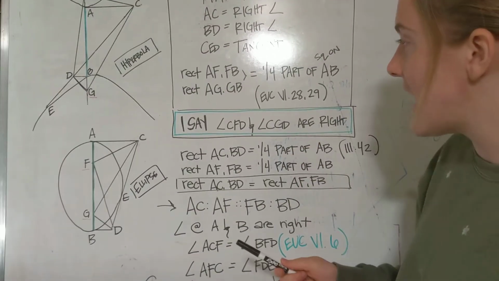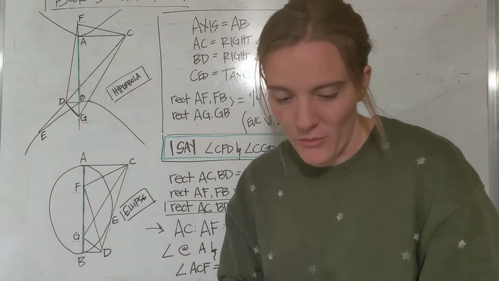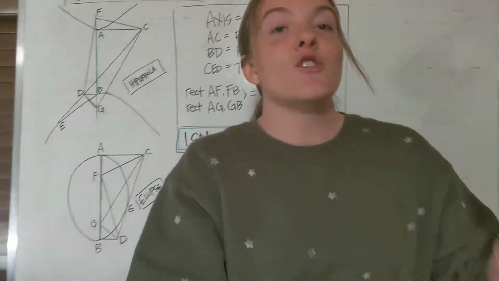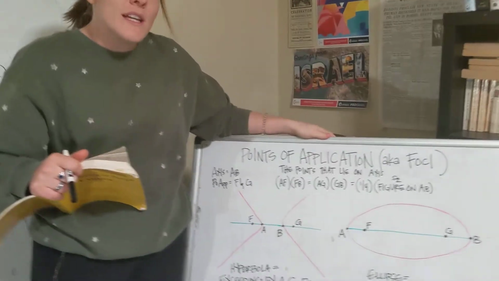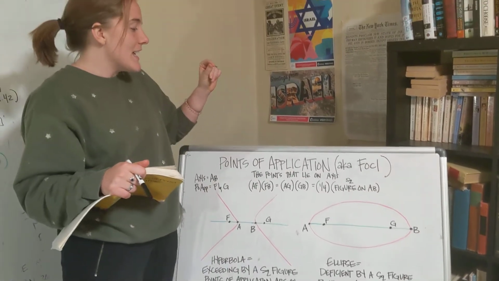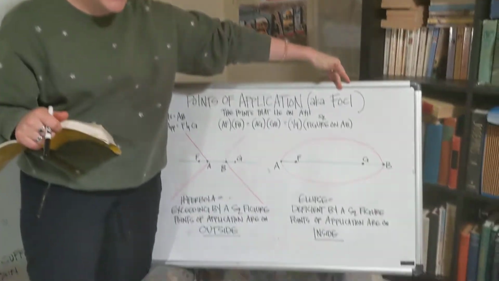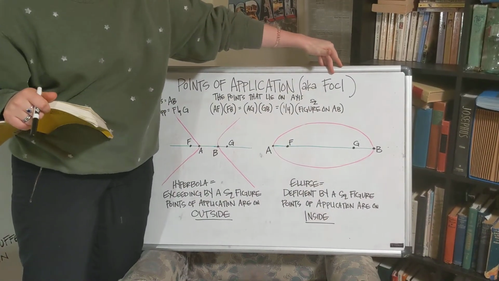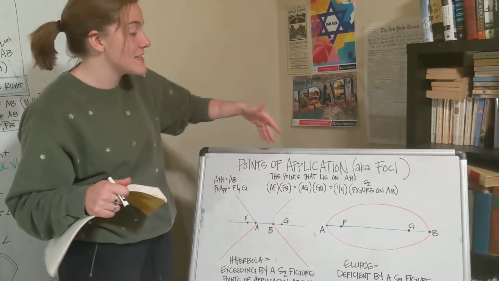But before we get to that, we need to talk about the exceeding and the deficiency a little bit. And that has to do with the fourth part as well, which he talks about. So, Apollonius is very unclear about some things, and he's not very thorough, as we have already noticed. He talks about what is now today called foci, I believe. He never uses that word, but I think that's what it's called today. I think what he calls it, or maybe what it was called back then, is the points of application.